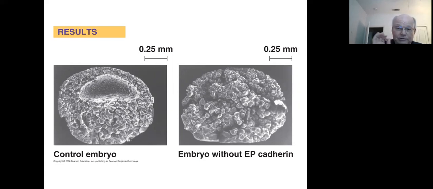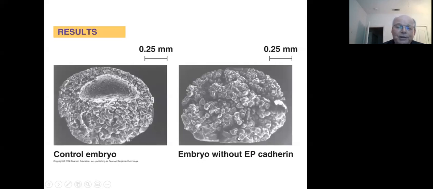And so we've just prevented the appearance of a single protein, the EP cadherin, which is responsible for the correct binding of some of the cells that are involved in the formation of the blastula. And you can see what's happened here. The embryo is completely disorganized, and this will not complete gastrulation. In fact, it probably won't begin gastrulation. There's no way that this embryo could complete normal development.